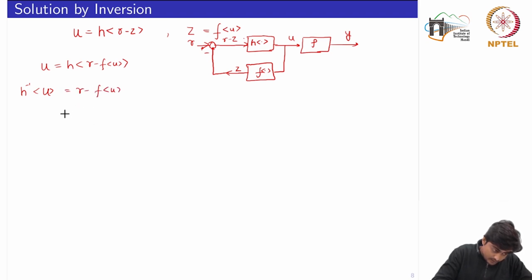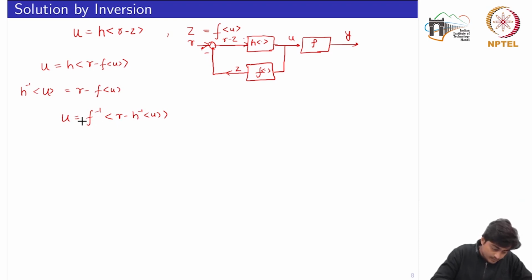Now from here we would compute u as f inverse of r minus h inverse of u. Okay, so u was specified here. Now all these inverses we have done to compute this internal u. So first we would have the h inverse, r minus h inverse of u, and then finally the f inverse.